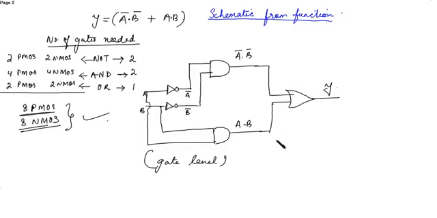So first, draw the schematic by using this function. So first, the inverter. So this is the inverter. First inverter, now this is the NMOS.